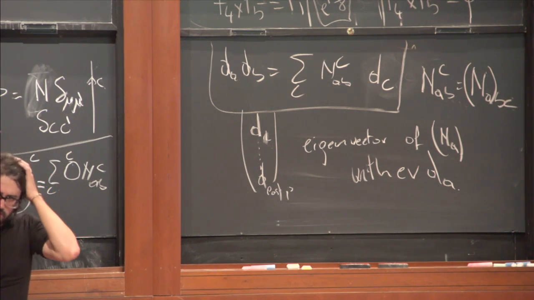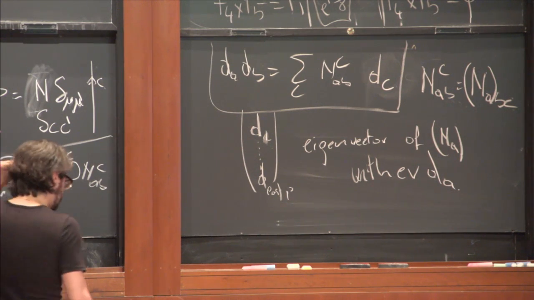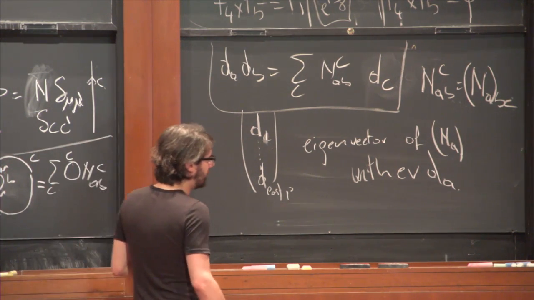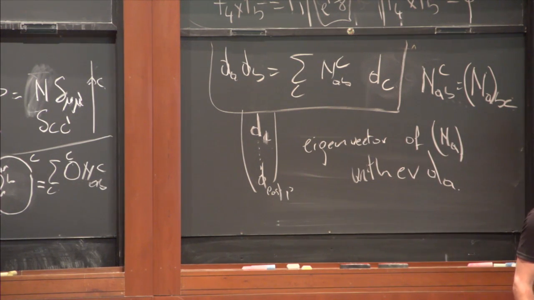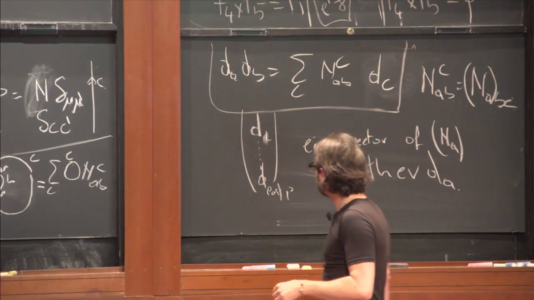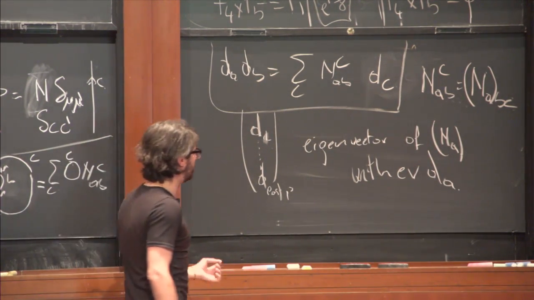And there's a strong version of the Frobenius-Perron theorem which tells you that if that matrix was positive, so if it didn't have any zero entries, then there would be a highest eigenvector with non-negative entries, and the eigenvalue of that highest eigenvector would be the largest eigenvalue of this matrix.